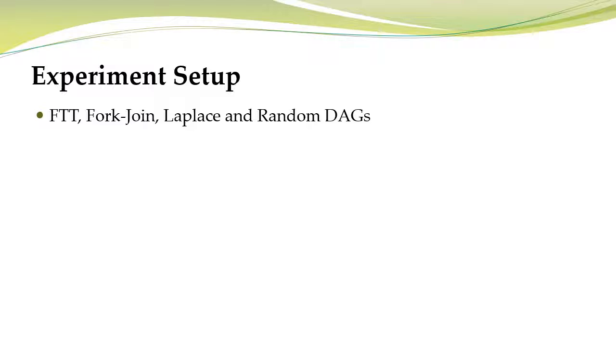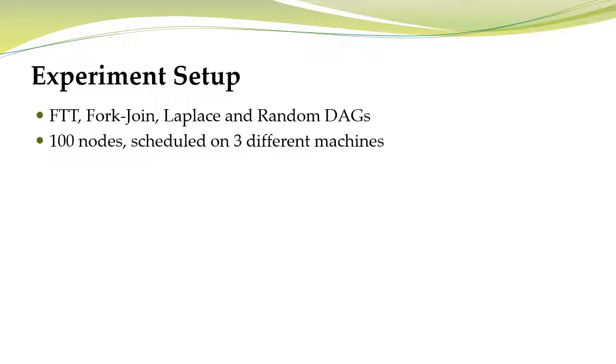In order to evaluate each version of both approaches, they ran the algorithms proposed in this paper with four different types of DAGs. These DAGs are FFT, fork join, Laplace, and random DAGs. All DAGs contain about 100 nodes each, and they are scheduled on three different machines. We run the algorithm proposed in this paper 100 times for each type of DAG and both approaches and their variants, and we consider the average value.